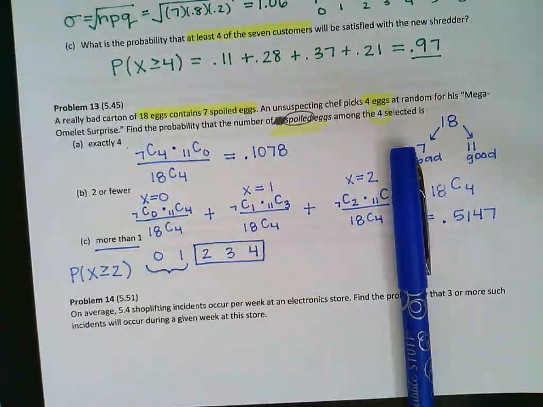So 7 choose 0, sorry, times 11 choose 4. And I'm going to add that to 7 choose 1 and 11 choose 3.